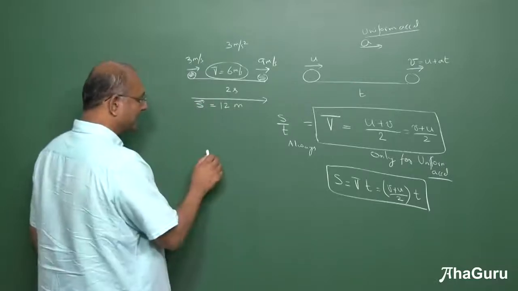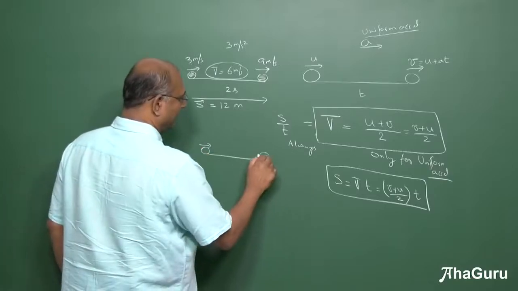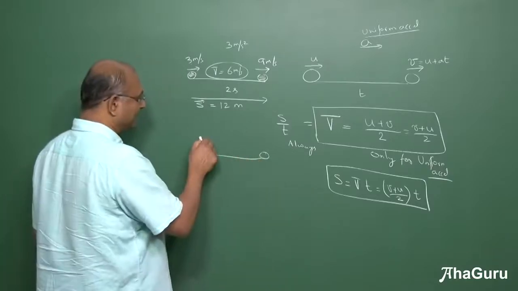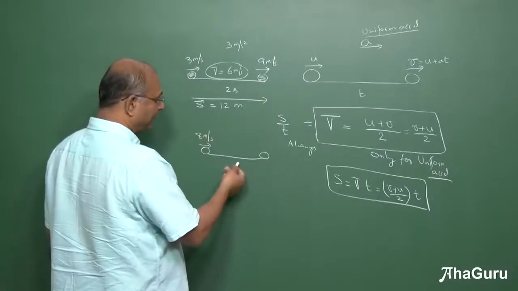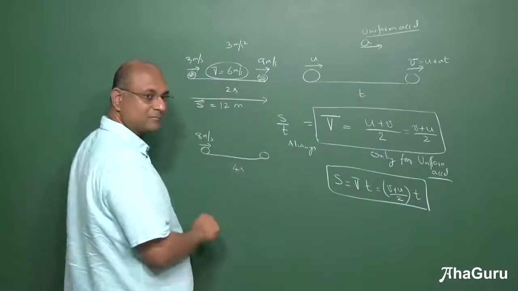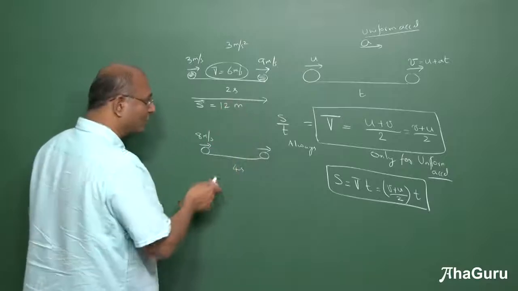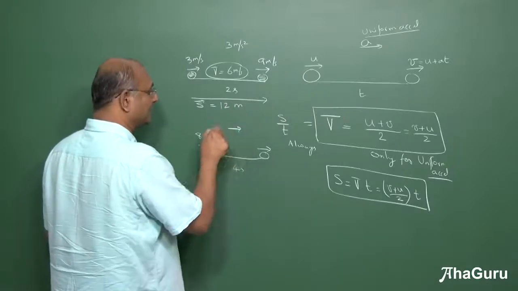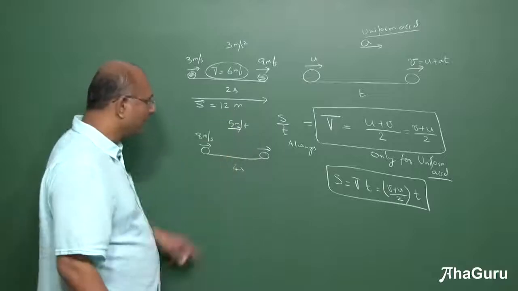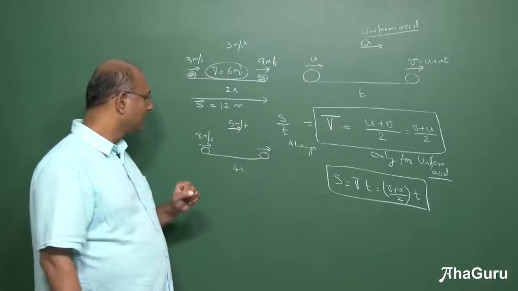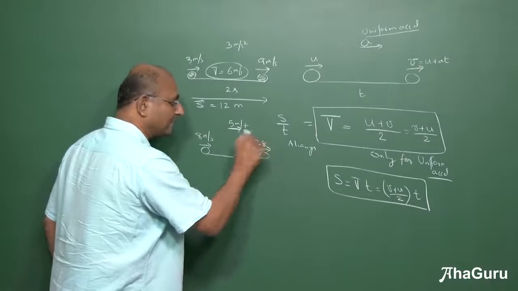Let us take another example. So suppose I tell you that I have an object like this which started with 8 meters per second and after 4 seconds it has come to some velocity which I don't know, but I know its acceleration was 5 meters per second square. What do you know about that velocity? It is 5 into 4, 20, 20 plus 8, 28.